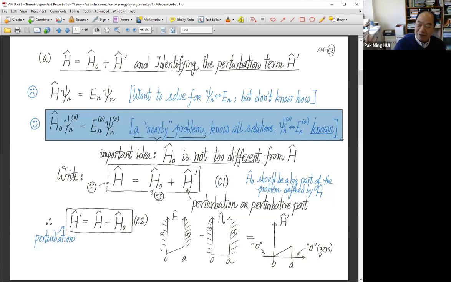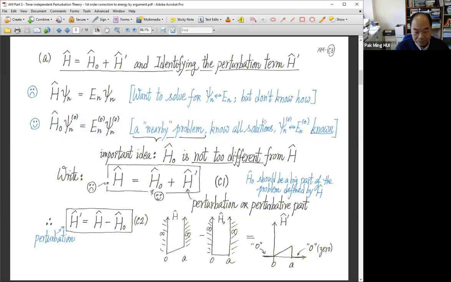The part that makes the problem insolvable is only a small part of the whole problem. So with this, we can write our bad problem as the part that we know how to solve plus the extra term. And this term defines what the perturbation term is.